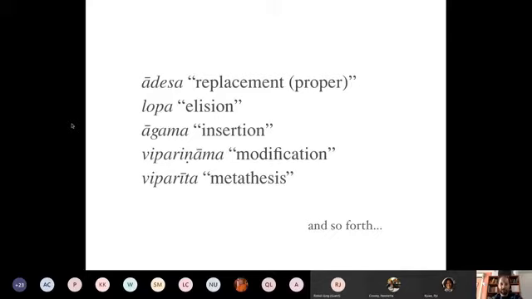It's inserted. Here again, you could say that something replaces zero. There was zero before, if you want to understand it in this way, and it's replaced with something. And viparinama is a modification, which in many ways is also replacing one form with another. Viparita, again, is metathesis, that means reciprocal replacement.